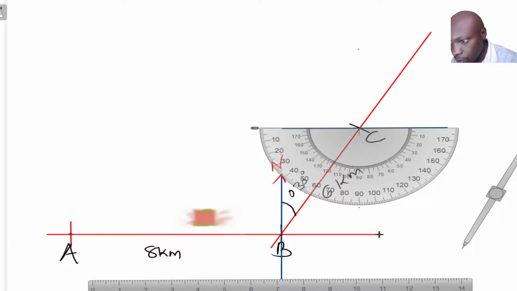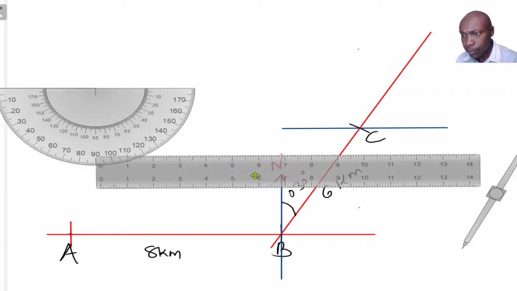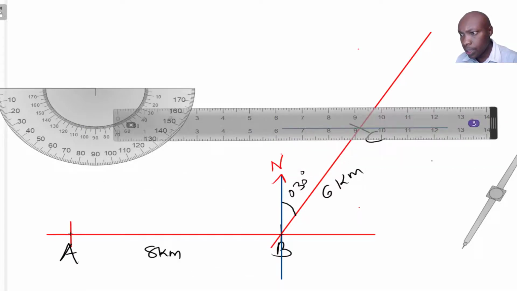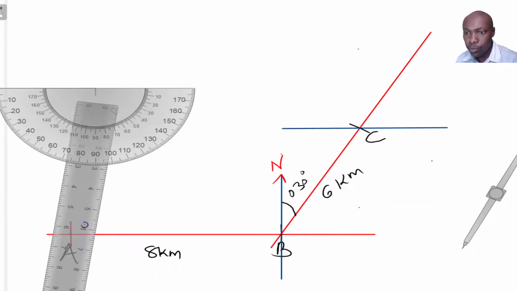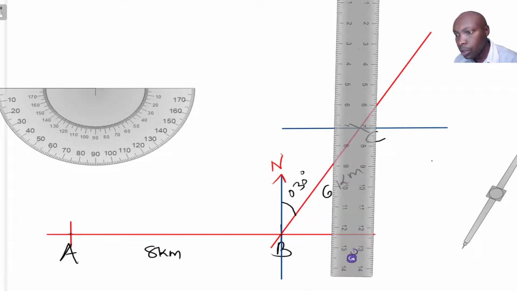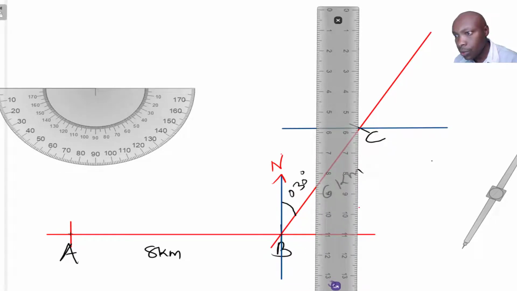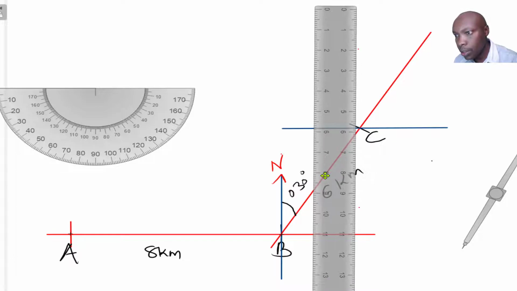So that is where 90 degrees is. And after marking those points, you can remove the protractor and draw a straight line passing through those 2 points.